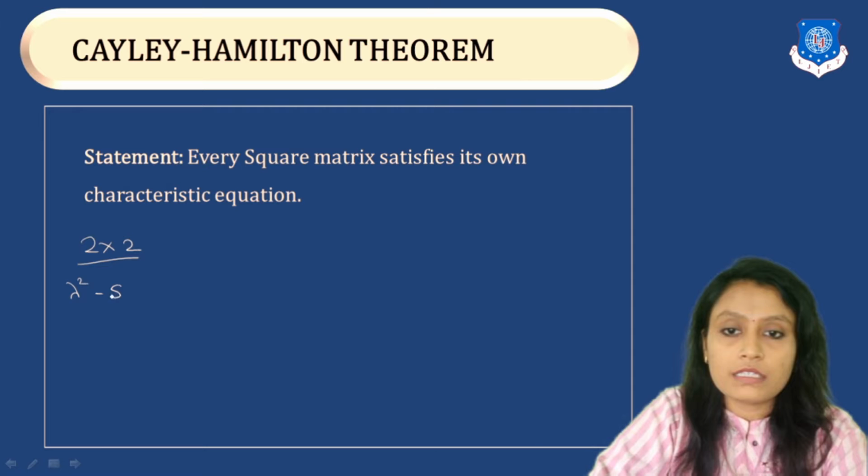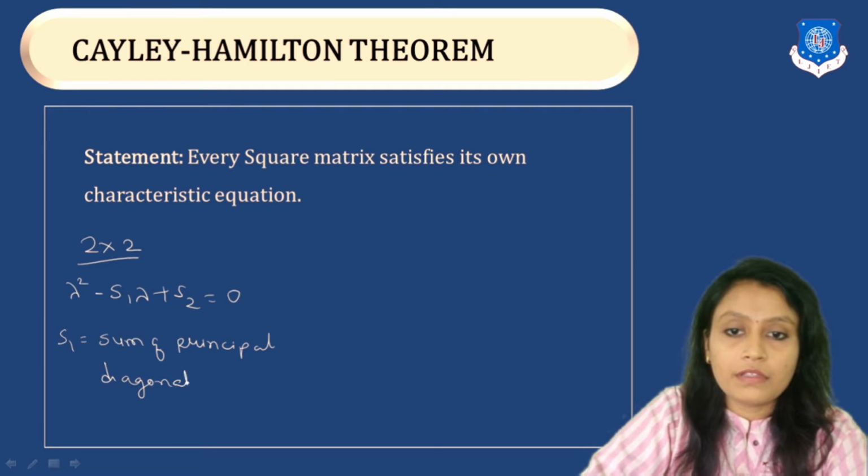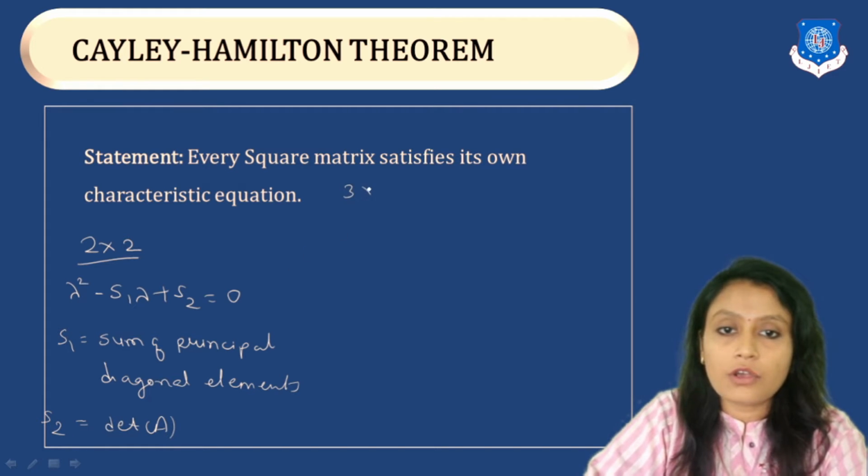Lambda square minus S1 lambda plus S2 equals 0, where S1 is the sum of principal diagonal elements, and S2 is the determinant of matrix A. And for a 3 cross 3 matrix, the characteristic equation is lambda cube minus S1 lambda square plus S2 lambda minus S3 equals 0.